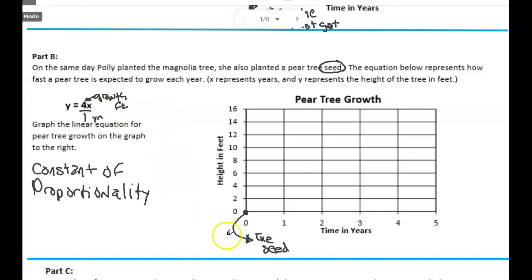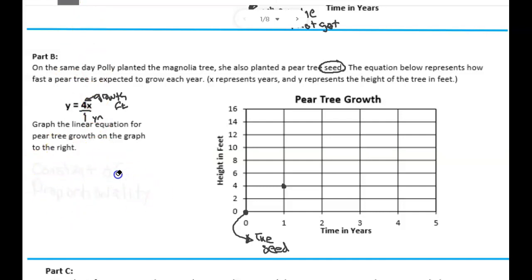All right, so let's go over here. So if it says that this thing at the 4 years is going to grow, excuse me, not at the 4 years, I apologize. At the 1 year, it's going to grow 4 feet. Boom. Okay. Well, let's see what that looks like mathematically. Okay, so we go here. I'm going to do some erasing, y'all. So let me erase this. Boom, boom, boom. All right, so let's go here.